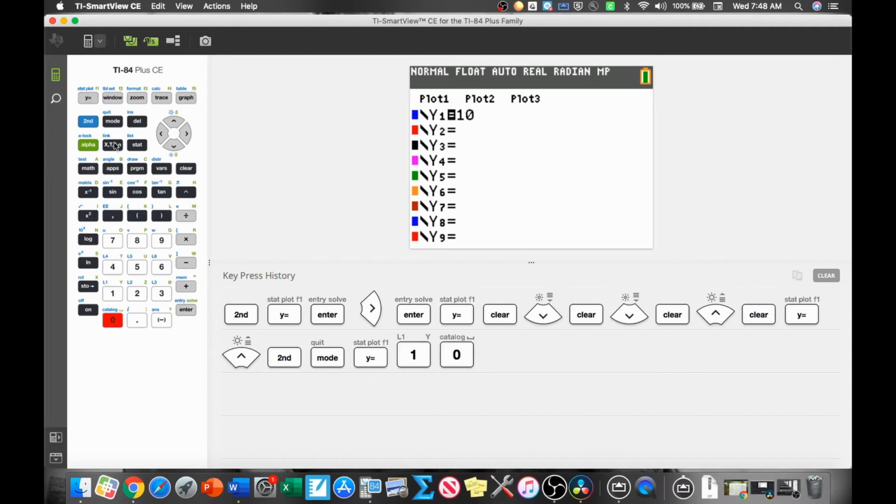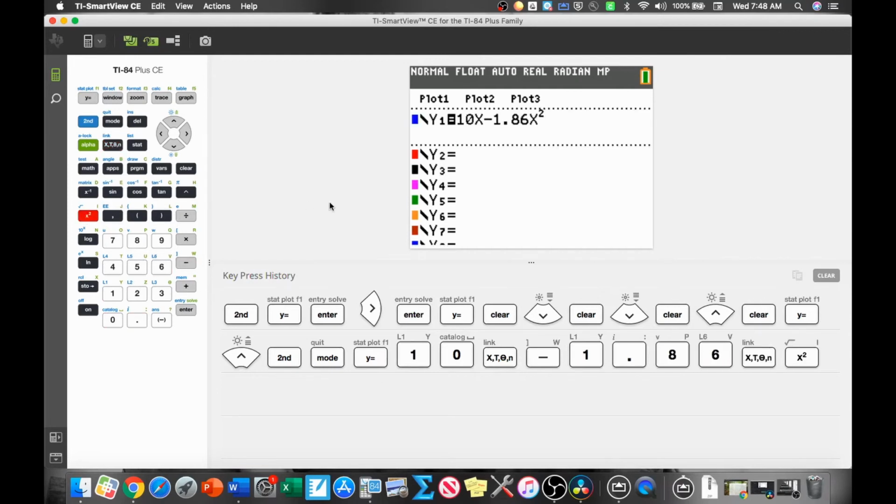So 10x minus 1.86x squared. Okay, using x instead of t, not a problem. A feature that we haven't talked about yet is the table feature, but when you need to calculate a bunch of values quickly, this is a nice feature.